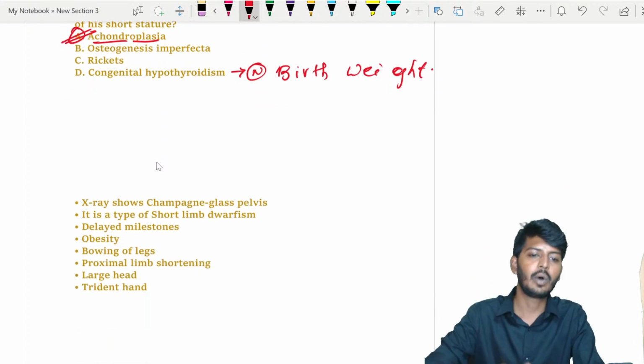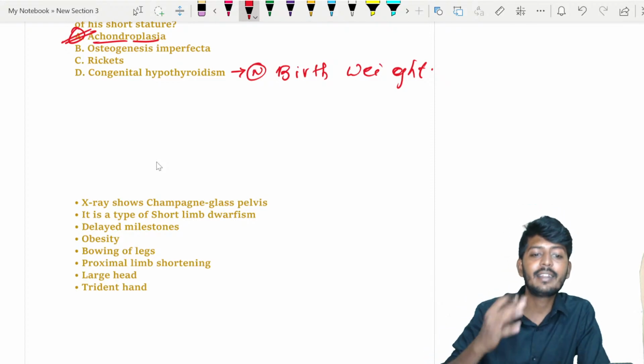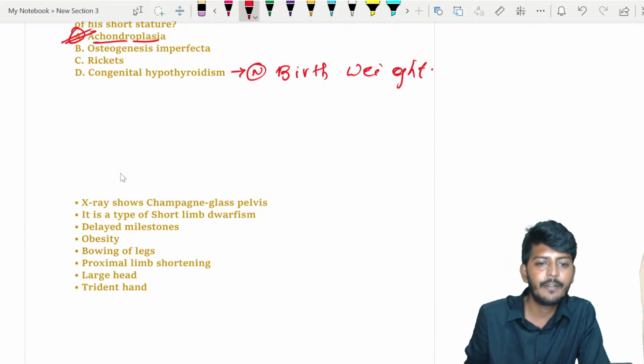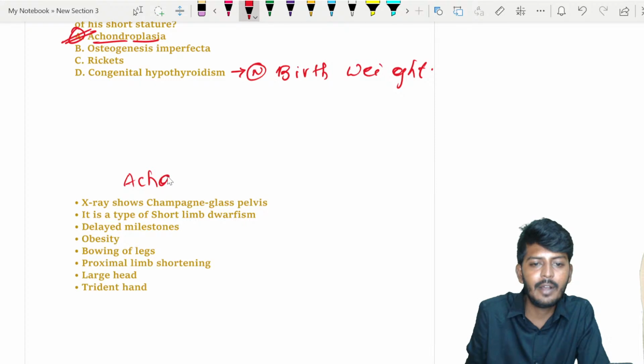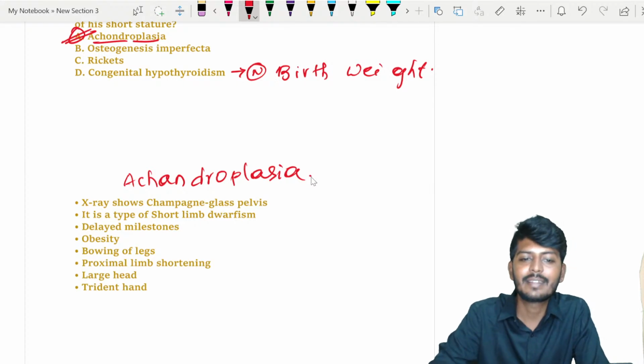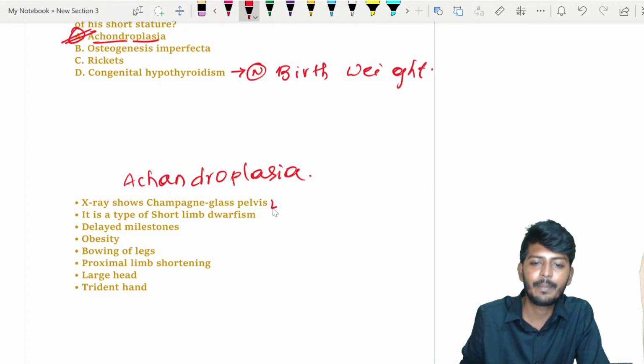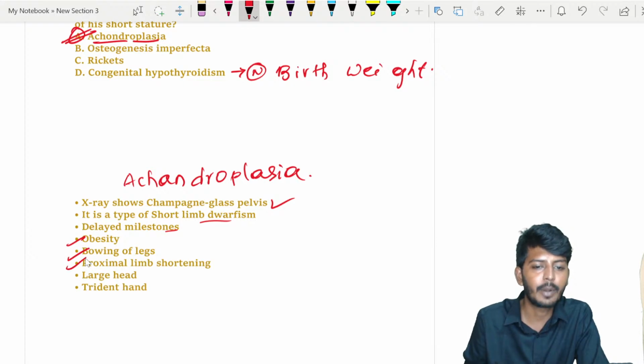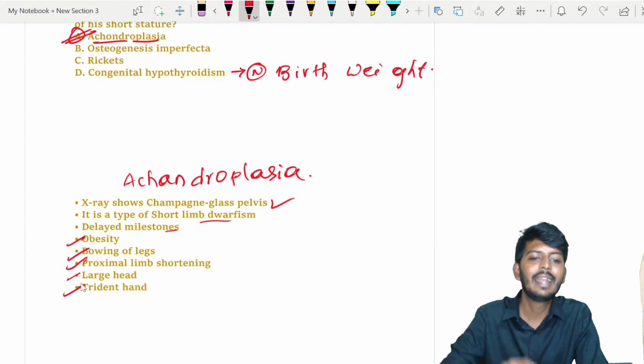So remember the signs of achondroplasia: champagne glass appearance in the pelvis. This is a very important point, and it's a type of dwarfism, short limb dwarfism. Milestones will be delayed, obesity will be there, bowing of the legs, proximal limb shortening, large head, and trident hand.